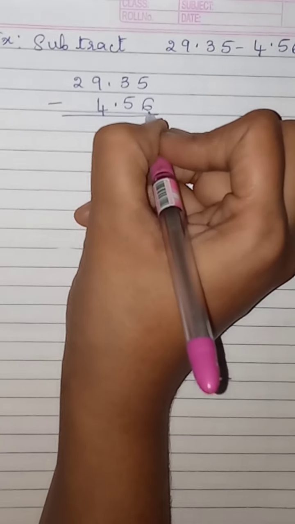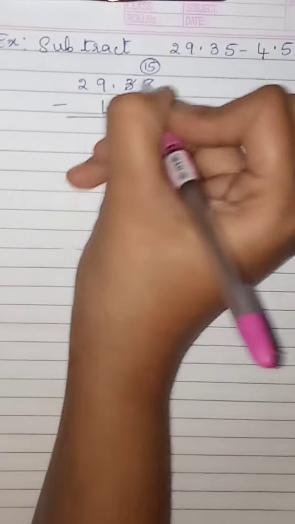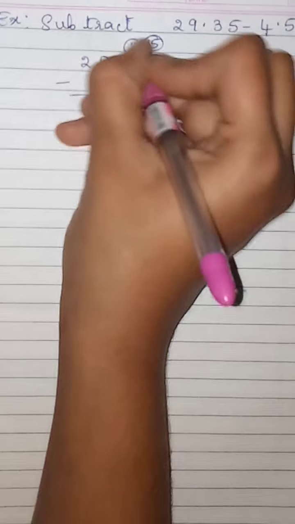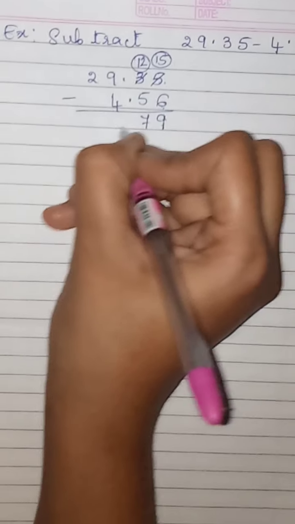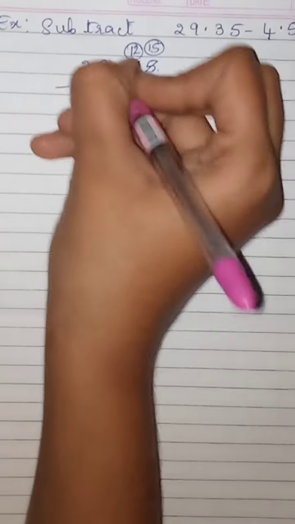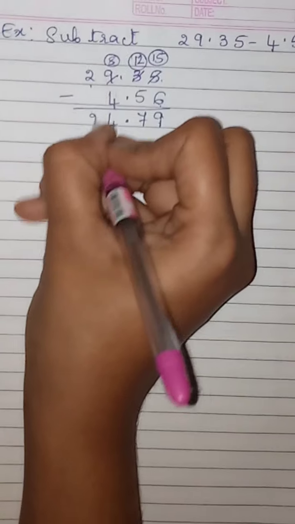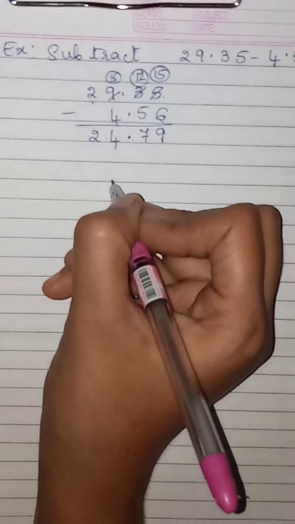First subtract the decimal part. 5 minus 6 you can't subtract, it becomes 15. 15 minus 6, 9. 3 becomes 2. 2 minus 5 you can't subtract, that is 12 minus 5, that is 7. 9 becomes 8. 8 minus 4, 4. Now 2. That is 24.79.